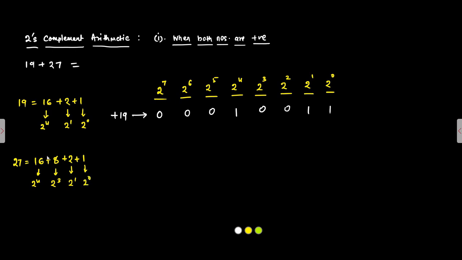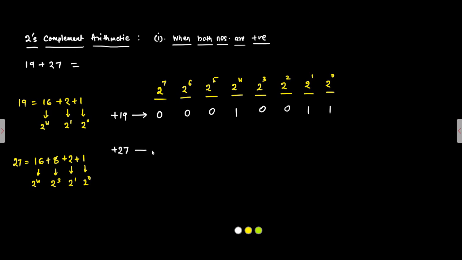Now if this splitting is difficult for you, then you can use the repeated division and remainder method to convert any decimal number into binary. But this process of splitting into powers of 2 is easy. When you practice it on enough decimal numbers, you get acquainted with it.